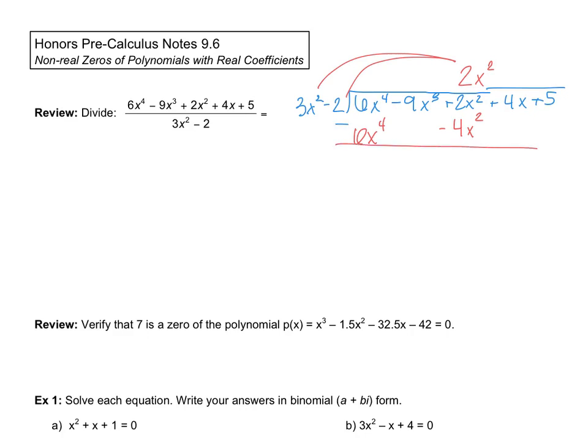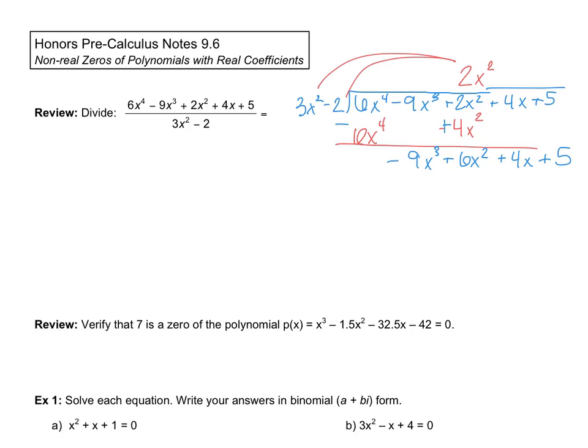What we're subtracting is negative, so really we're adding it. So the x to the 4th term goes away, and we're left with negative 9x cubed plus 6x squared plus 4x plus 5. And we repeat the process.